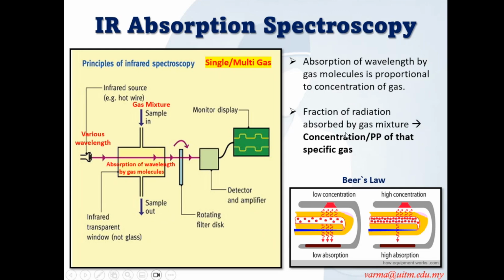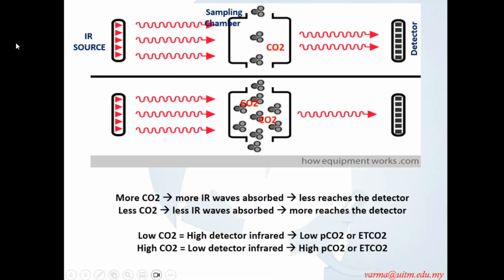So the fraction of radiation absorbed by the gas mixture will be determined by the concentration or partial pressure of that specific gas. So only Beer's law is being employed in carbon dioxide measurement here, whereas in pulse oximetry we have Beer's and Lambert's law both. So again, less gas molecule, less being absorbed, more reaches the detector.